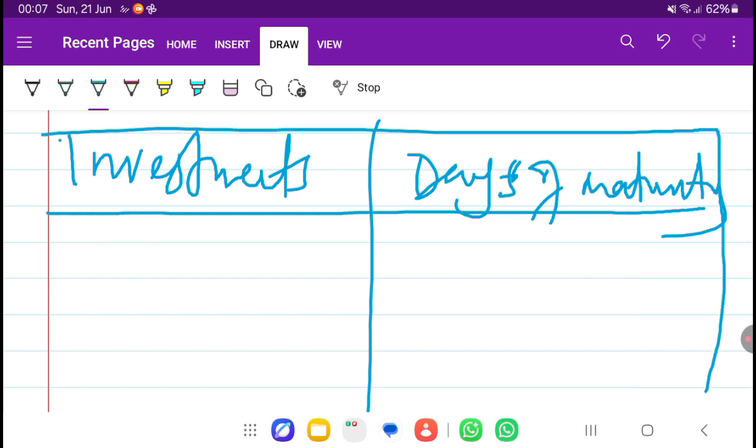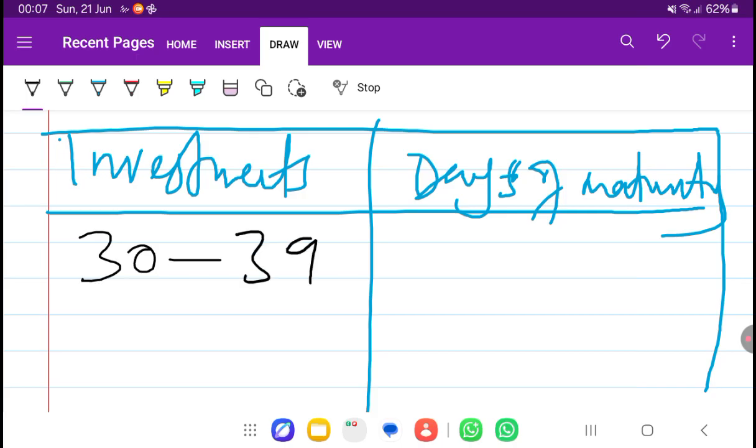Of course, days of maturity, that will be our frequency, but I just want to create something small. Let's assume this is a class of 30 to 39. Maybe this one is 4. Then another class is 40 to 49. Then maybe this is 2.